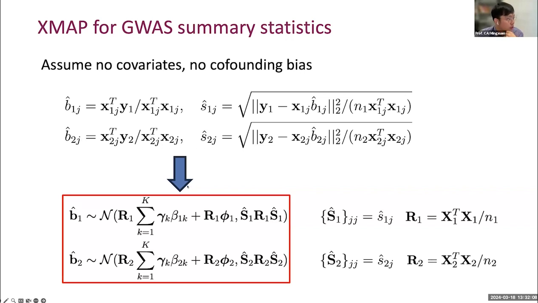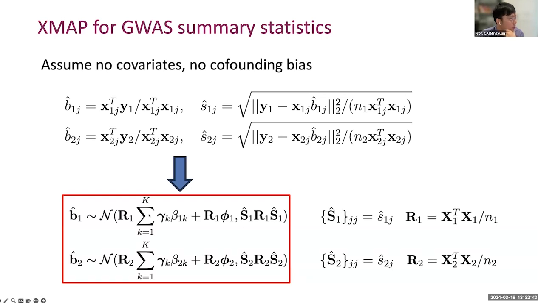With some algebra, the model can be extended to the following one. What we need is only the marginal effect size B hat and the standard error S hat. S1 hat is a diagonal matrix with its diagonal elements collecting all the standard errors of the P SNPs. Additionally, we need a correlation matrix computed from the genotype X.